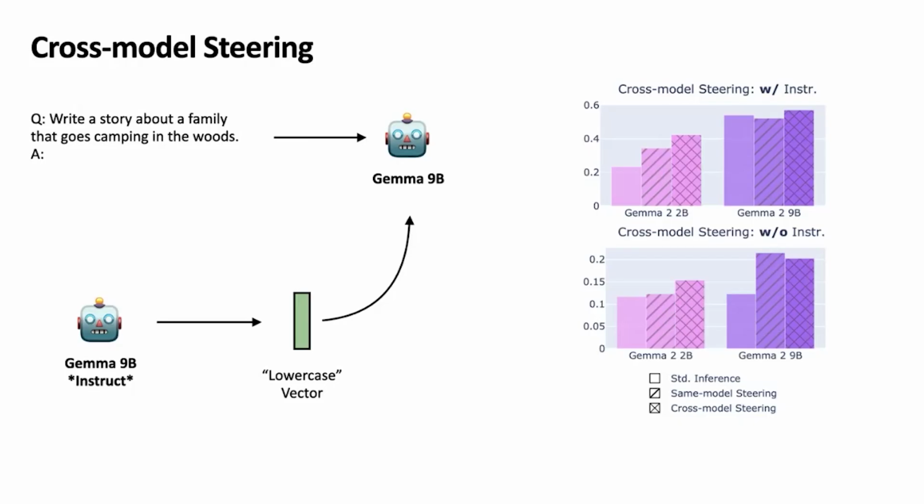An explanation behind the higher accuracy and better performance when performing this cross-model steering is that instruction-tuned models are obviously trained to be better at following instructions.